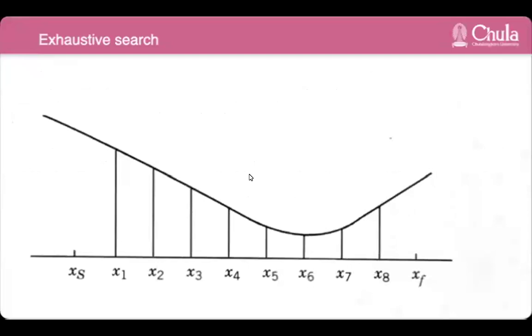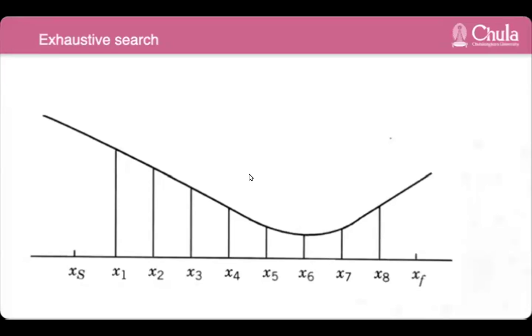For example, from our region of interest from S to AF, we evaluate 8 points. That means we divide the region of interest into 9 regions. And then you see that we can eliminate 7 out of 9, right?